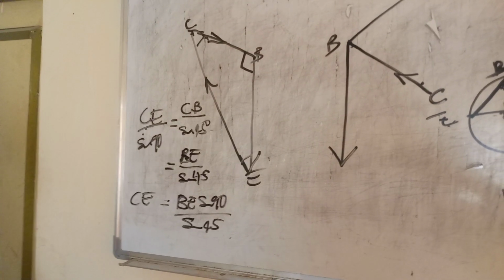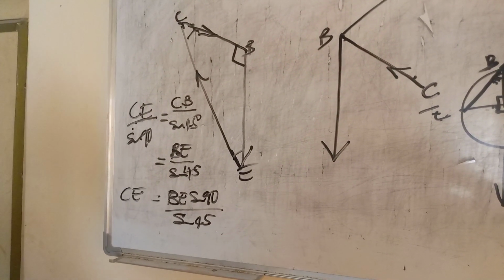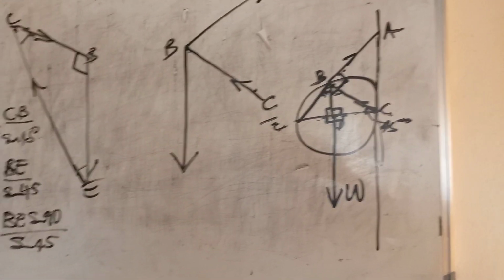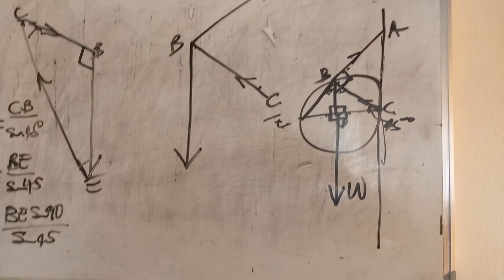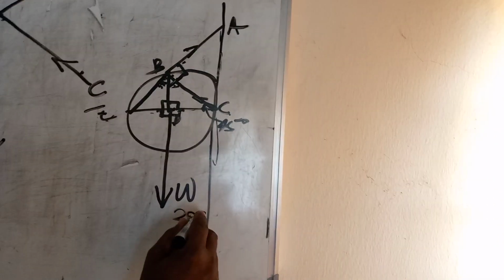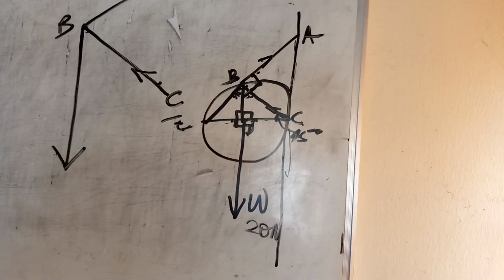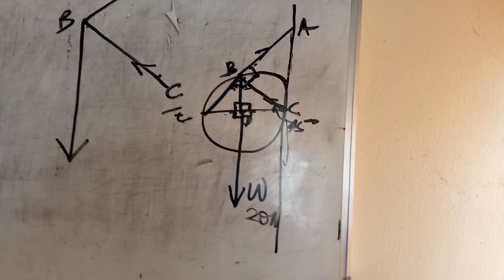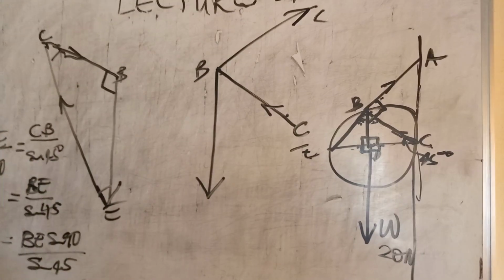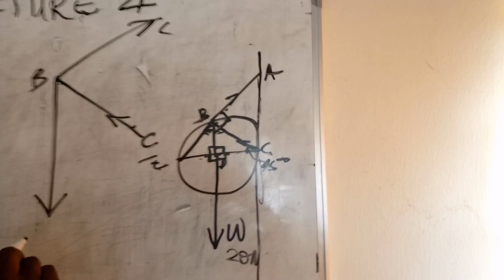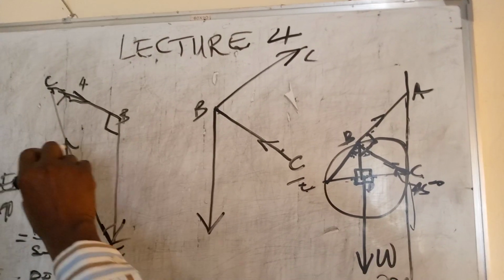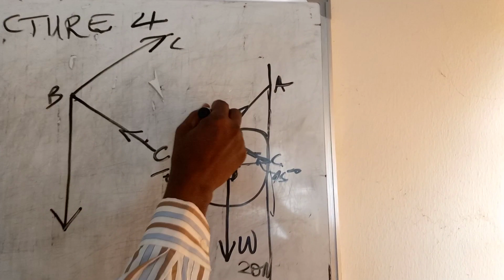Sine 90 is 1. So, for instance, let's say the weight of the ball is 20 newtons. The length of the string from the wall is, let's say, 4 meters.